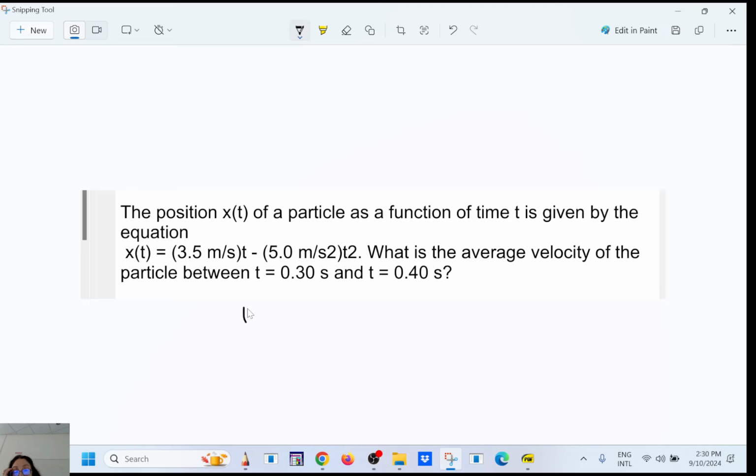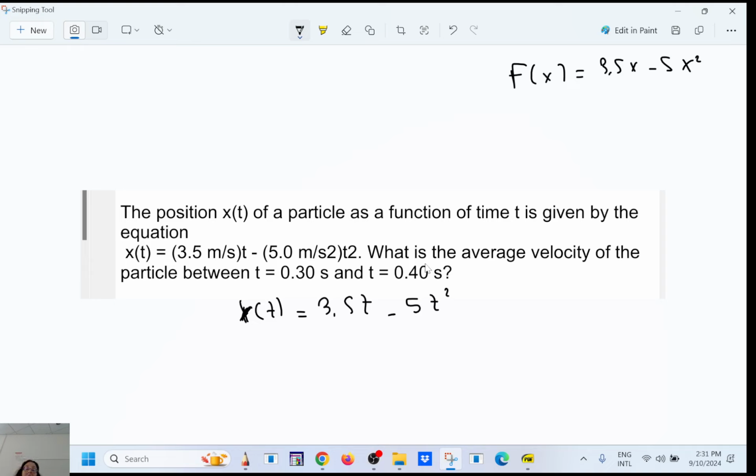Okay, so the position as a function of time equals 3.5t minus 5t squared. It's like I'm giving you f of x equals 3.5x minus 5x squared, except here x is the time and f of x is the position on the number line.